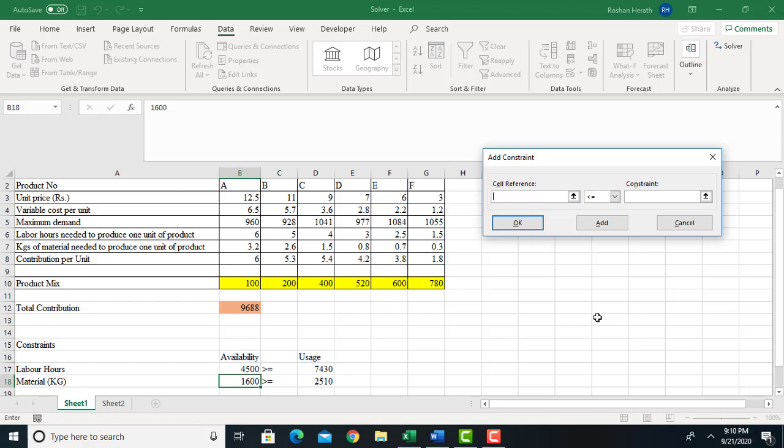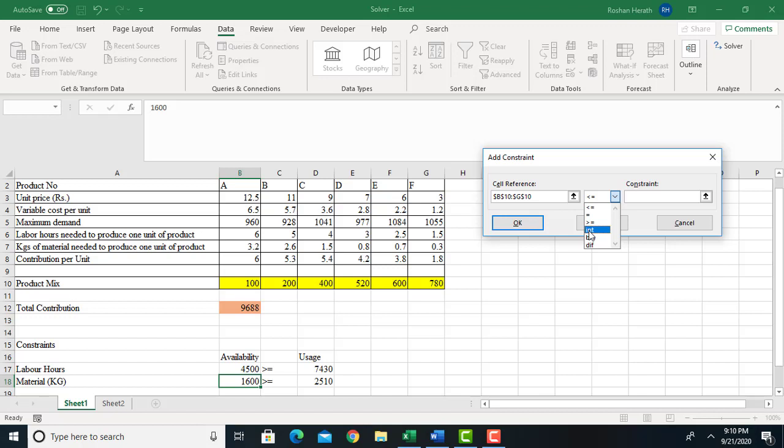So therefore, you need to mention that the product mix must consist of completed units. The product mix should comprise completed units. Then how do you ensure that? You can select this product mix and you can say that the product mix should be integer. It must be integer values.